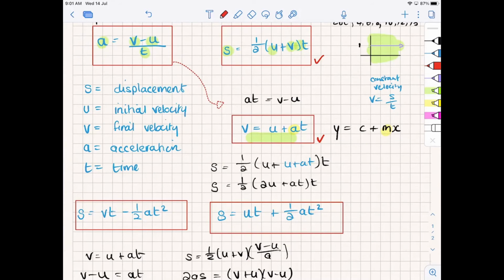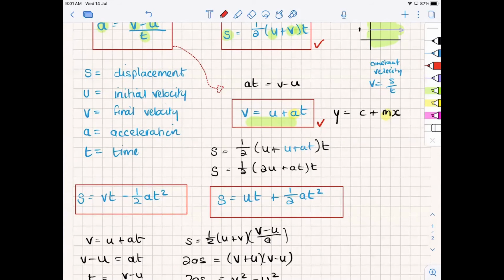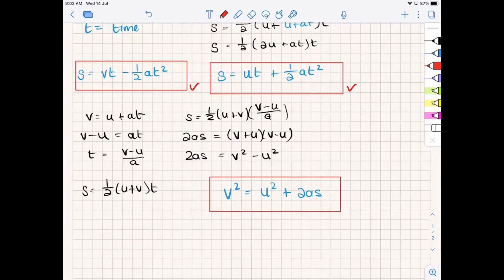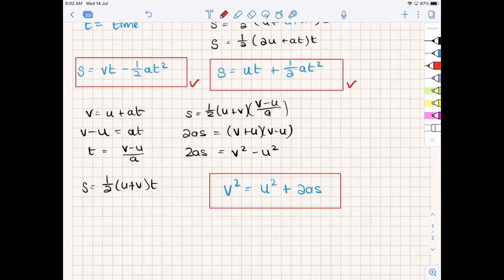The second one doesn't have displacement. These two which are similar, the one doesn't have final velocity and this one doesn't have initial velocity. So if those are things that you are not given, then you can use either one of these formulas. And finally, the last one, we don't have time. So there's no time in this formula. It doesn't rely on us knowing the time.